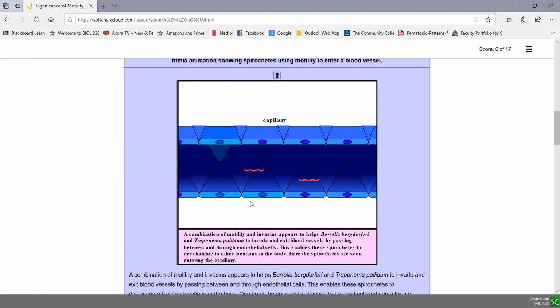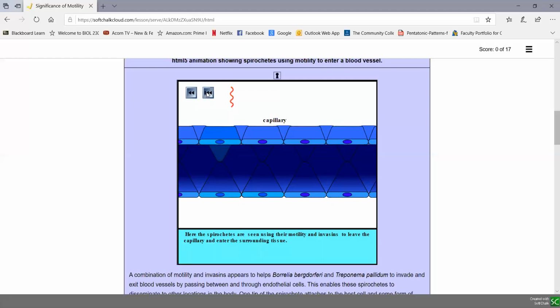The one on the bottom is passing between the endothelial cells, and the blood then carries them elsewhere in the body, where the same motility allows them to adhere on the inside and pass out again and set up a new infection at another body site. So this corkscrewing motility of the spirochetes does play a role in some of the pathogenic spirochetes disseminating and actually coming in stages.